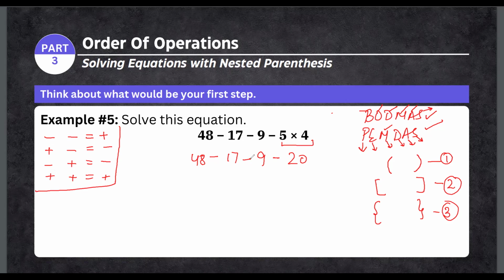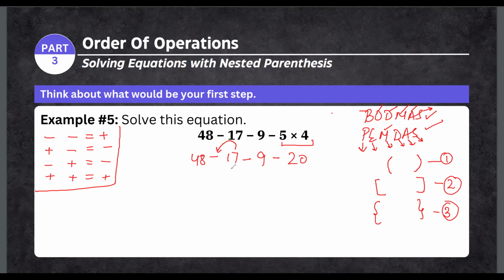If you can see, these two are negative numbers, and there is a confusion here. All the children always look at the sign after the number. Please don't do this. You always have to check the sign before the number; whatever the sign is there is known as that particular number's sign.